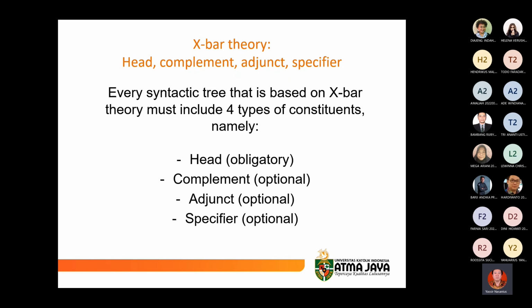Head is obligatory. Complement is optional, depending on the lexical word. And then adjunct is basically like adverbs. And then specifier. So complement, adjunct, and specifier are optional. Only head is obligatory.